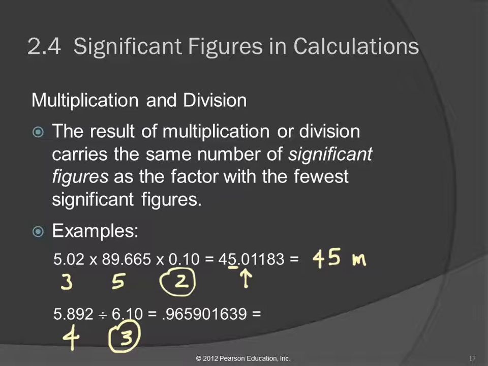So we're going to keep the 9, the 6, and the 5. We need to get rid of the next one. We're going to get rid of the 9. 9 is 5 or greater. We need to round up, because this number is closer to 0.966. So we're going to express this as 0.966 with 3 significant figures.